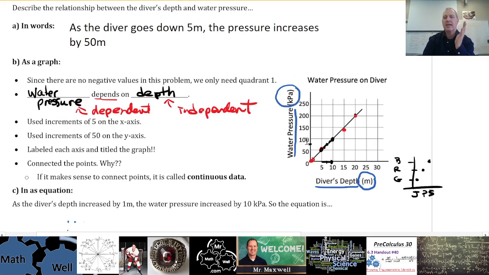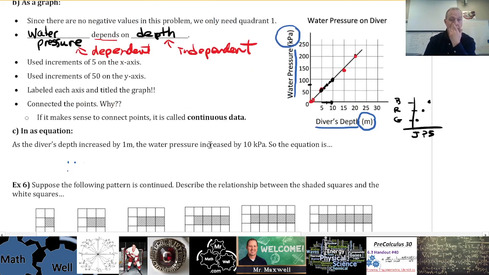This makes sense to connect this data because the data is called continuous. It's continuous data. And like I mentioned, each point in between the ones that we plotted makes sense in this situation. So they could have their own points on the graph, so we would connect all the points. It's continuous. All right. Now, let's think about this as an equation.